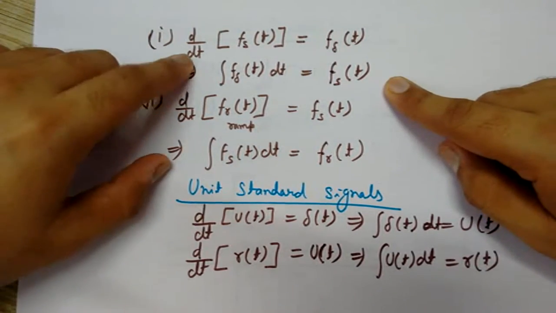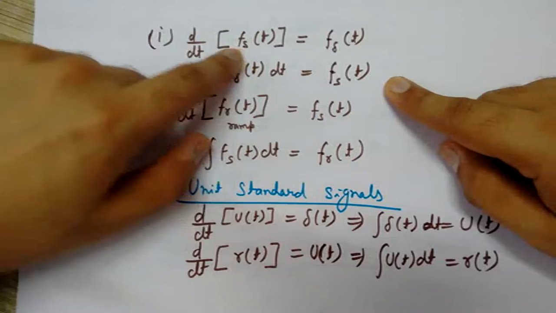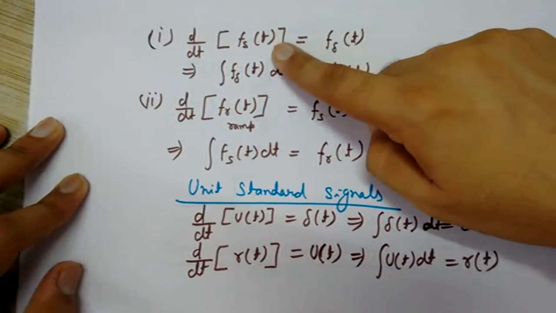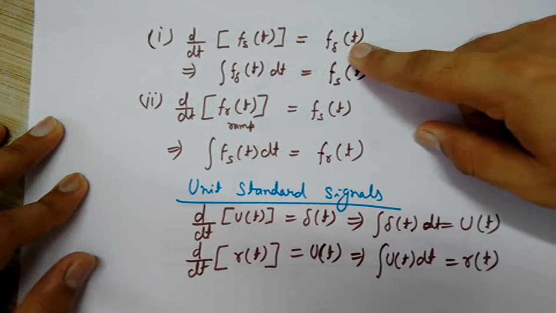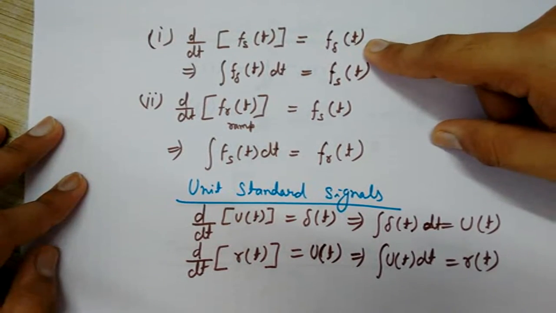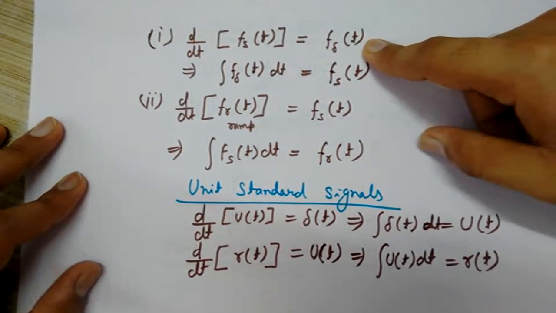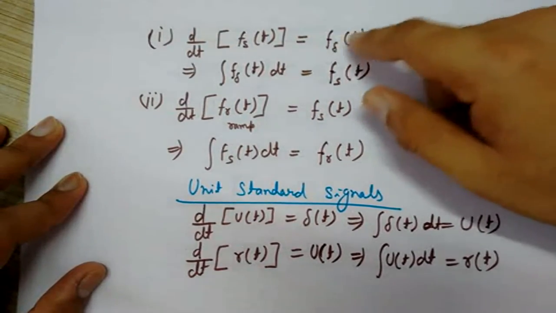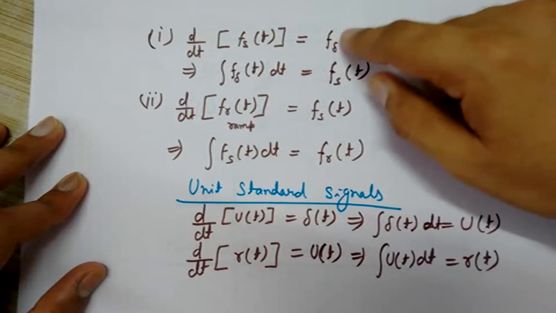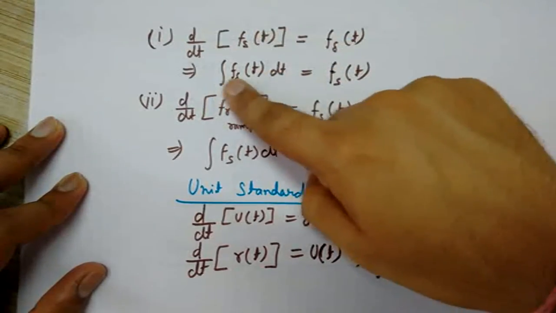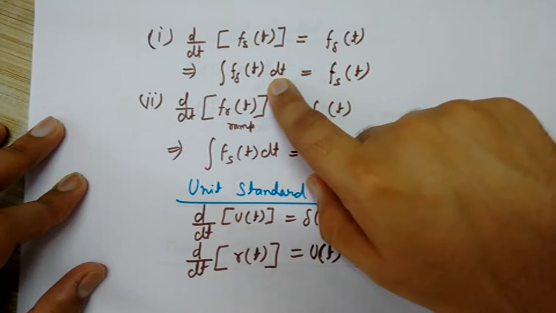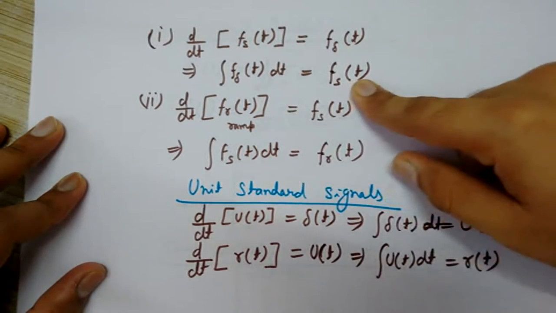The differentiation of a step signal with respect to time gives us the impulse signal. And in the reverse action, if I integrate the impulse signal with respect to time, I will get the step signal back.